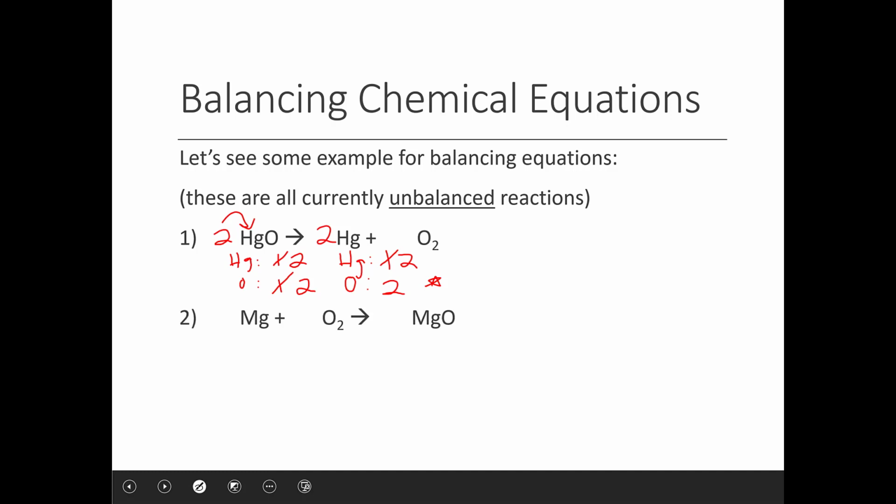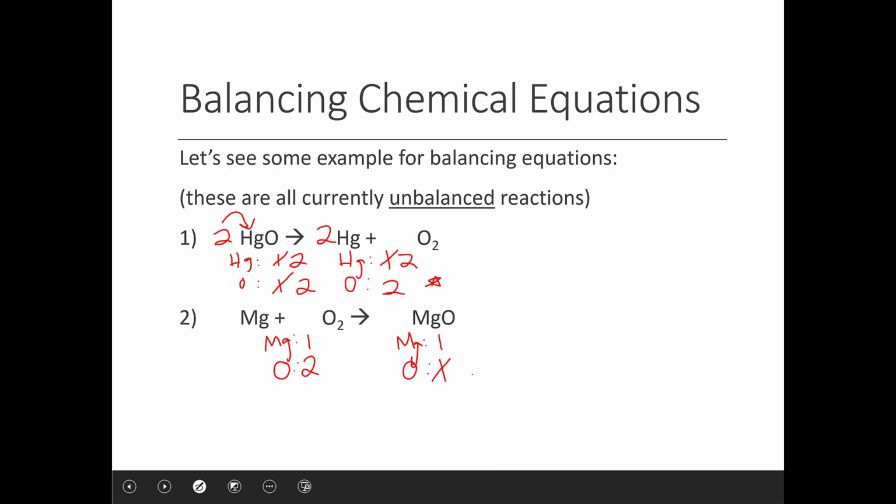Let's look at another example. This one's sort of backwards of the one that we just did. And so on the left-hand side, we have 1 magnesium and we have 2 oxygens. Whereas on the right-hand side, we have 1 magnesium, but only 1 oxygen.